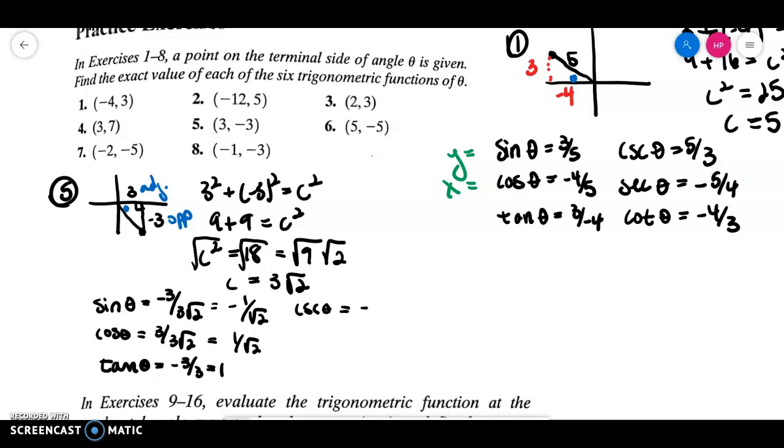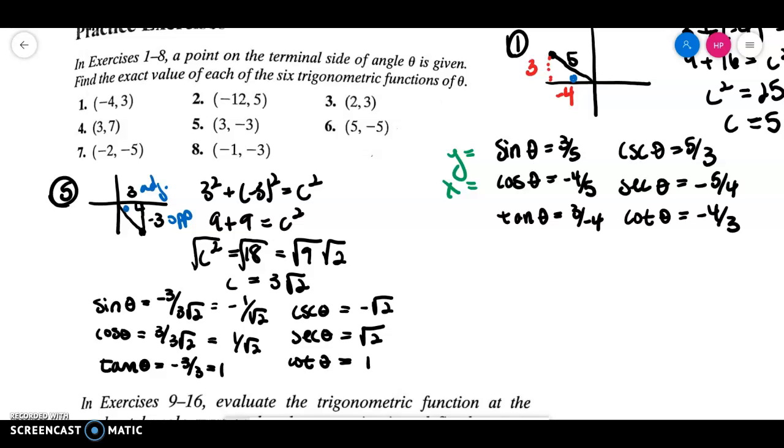Cosecant would be the reciprocal. So negative square roots of 2 over 1 is just negative square roots of 2. It's messy. Secant of theta would end up being the positive square roots of 2. And then cotangent theta would just be a +1 because the reciprocal of 1 is simply 1.